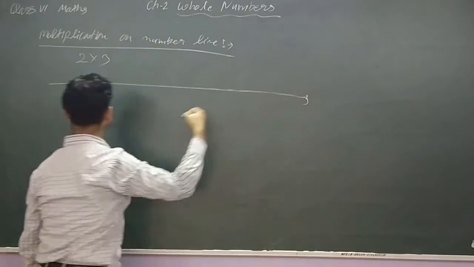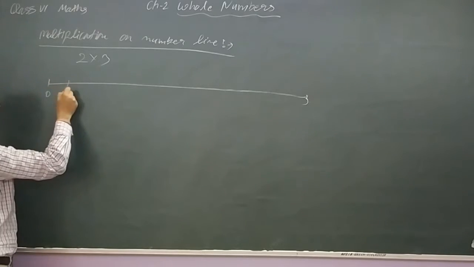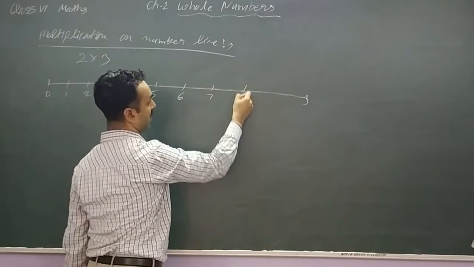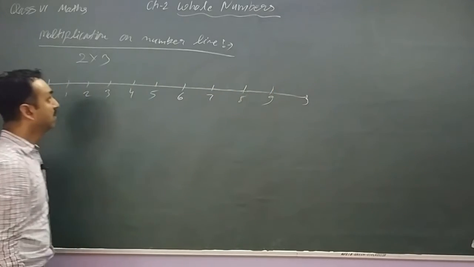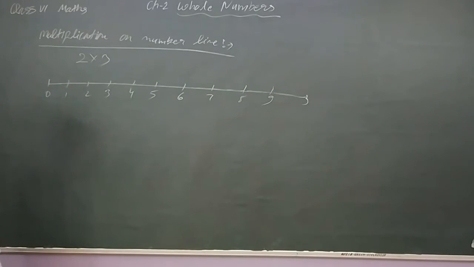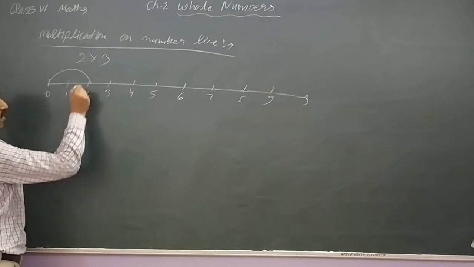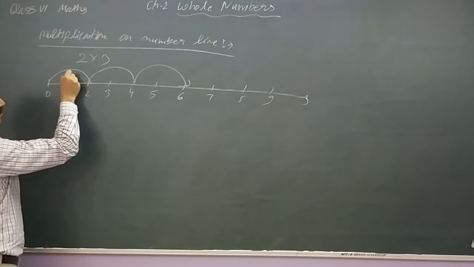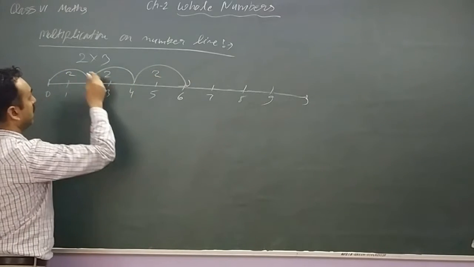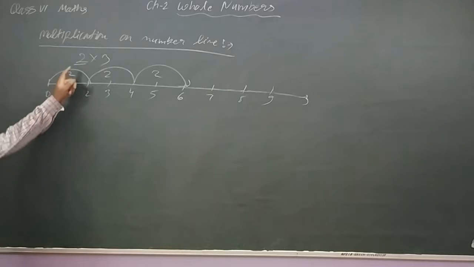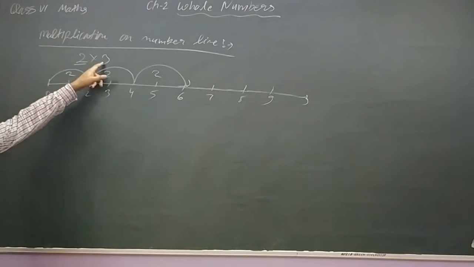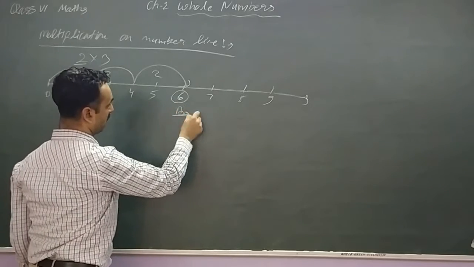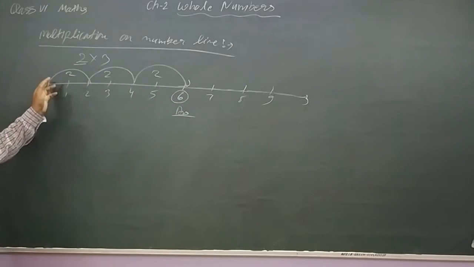You make a number line, start from 0, 1, 2, 3, 4, 5, 6, 7, 8, 9. So 2 into 3, you have to take a jump of 2, and how many jumps? 3. Jump of 2, 2, 2. The first number tells you how much the jump is, and the 3 tells how many times. So the answer is 6. In multiplication we always start from 0.